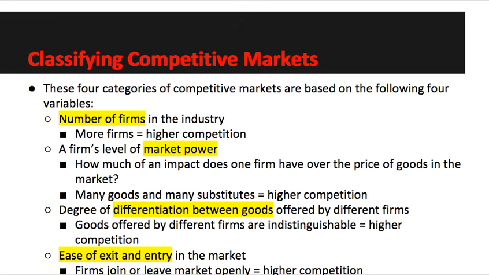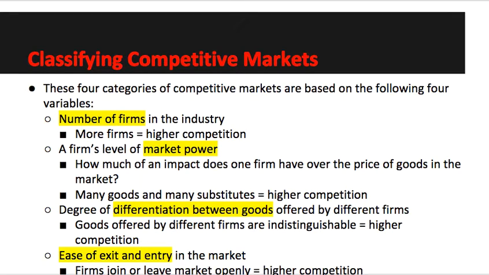So let me give you an example. If you go to the grocery store and you're buying any agricultural good, but in this example I will use ground beef. If you're buying beef at the marketplace, one brand or one firm probably doesn't have much sway over the price of beef in the marketplace or your willingness or ability to buy that beef because you're looking for the best price and maybe a quality product.